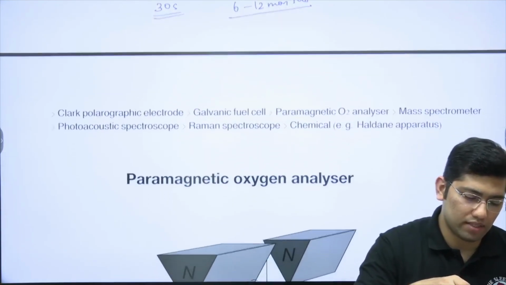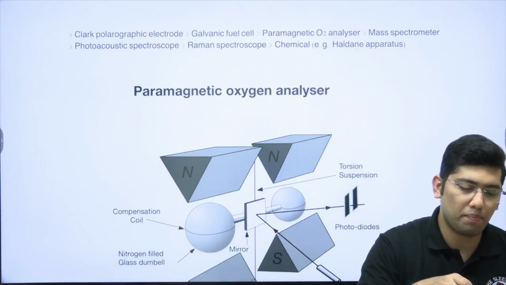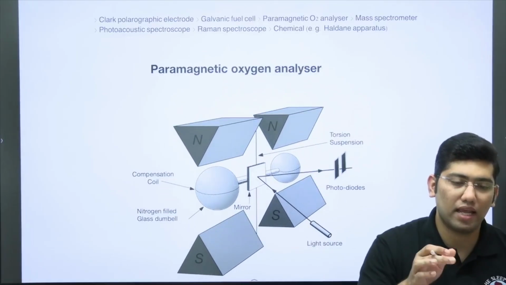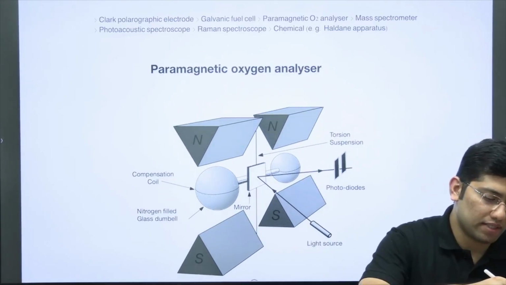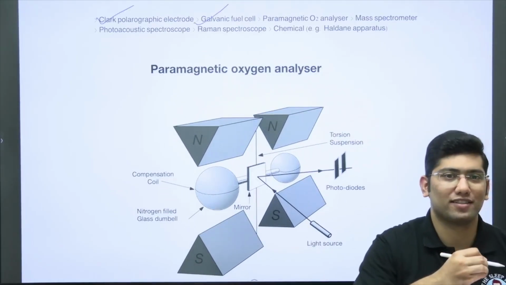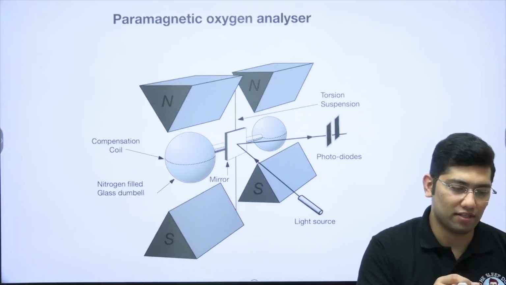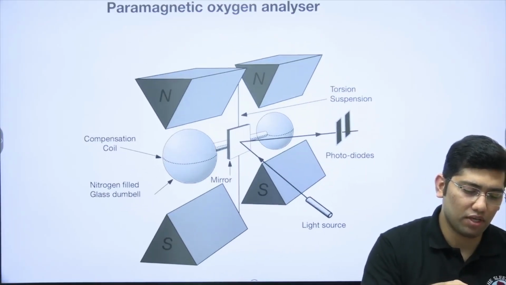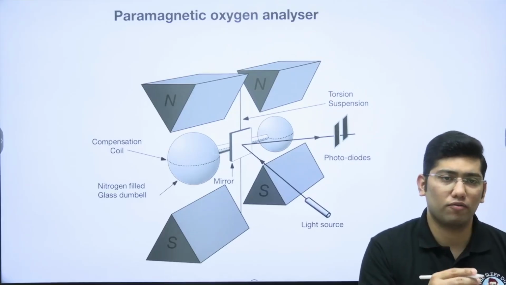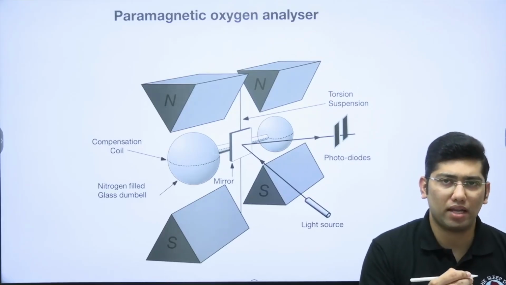Now, let's go on to the next, that is the paramagnetic oxygen analyzer. Let's first tick it for satisfaction. Yeah. Now, we have the paramagnetic oxygen analyzers here. Now, what is paramagnetic? What do you mean by the term paramagnetic?